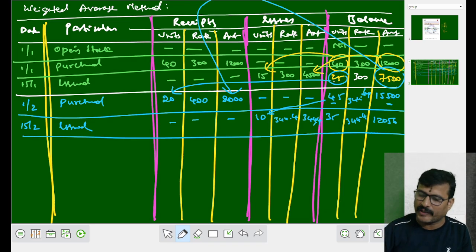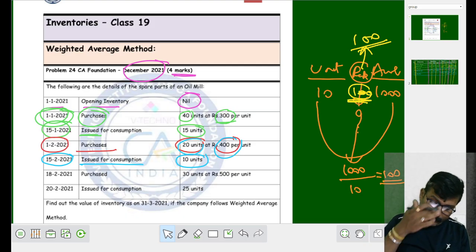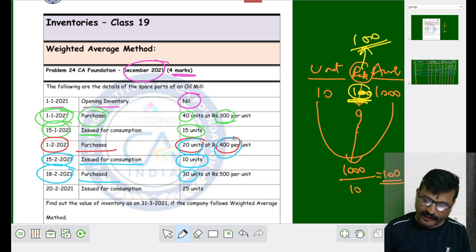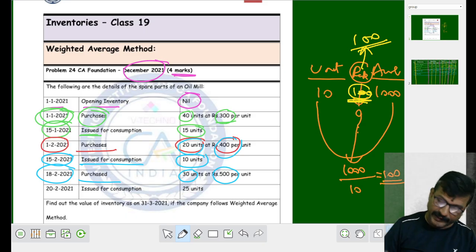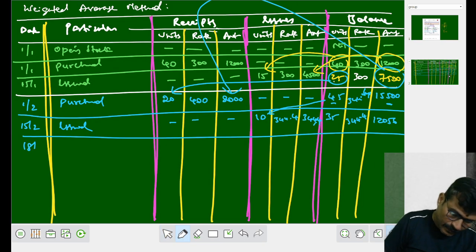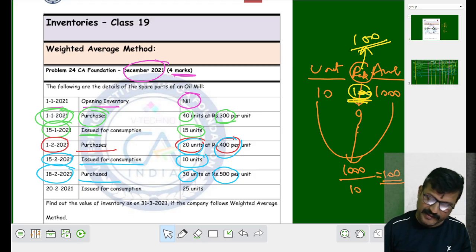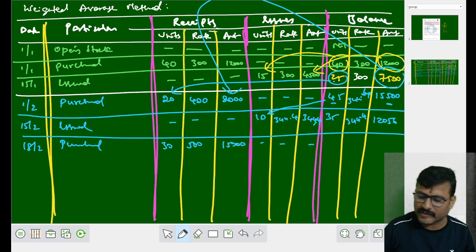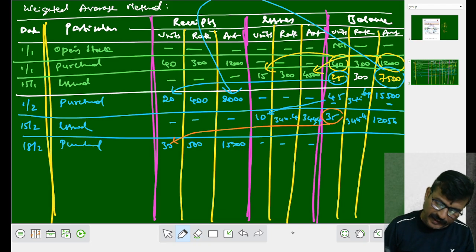You may get a difference of 0.1, 1 paise, 2 paise. Difference will be there, especially under this method. What happened? On 18th February, you have purchased 30 units, 500 per unit. 30, 500, 15,000. So now my dear children, we have to add 35 plus 30, which is 65.